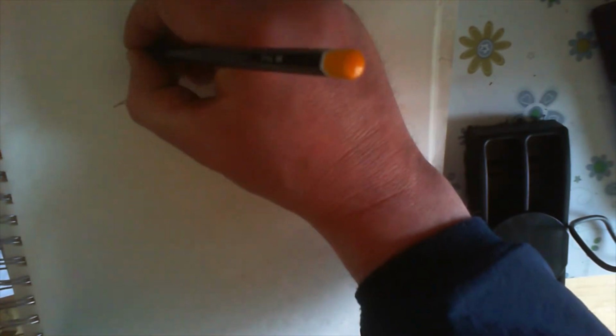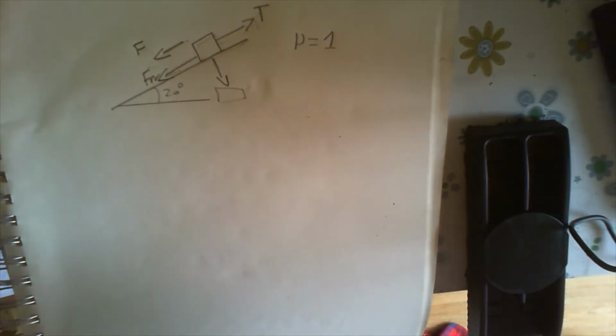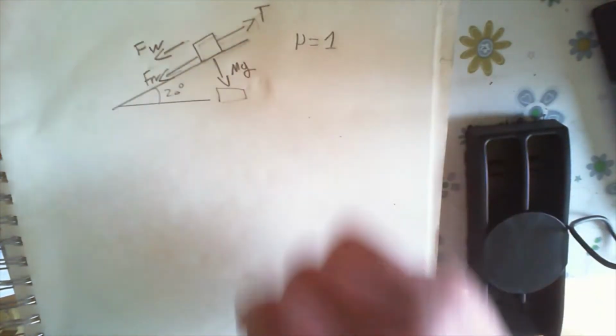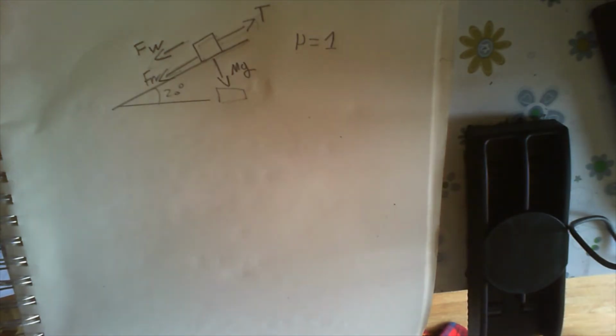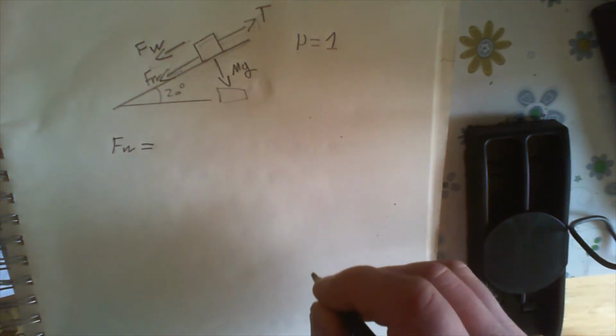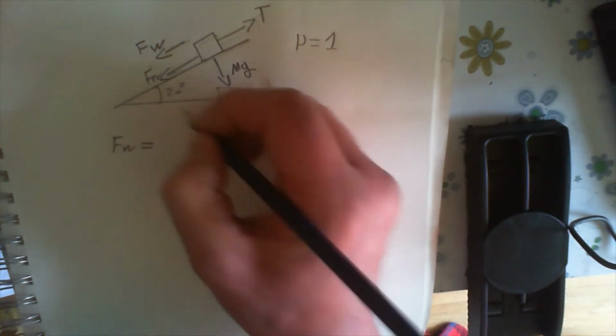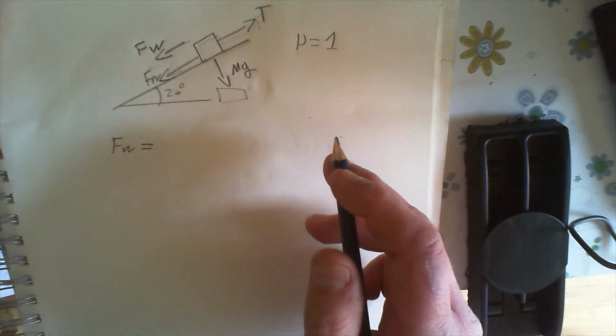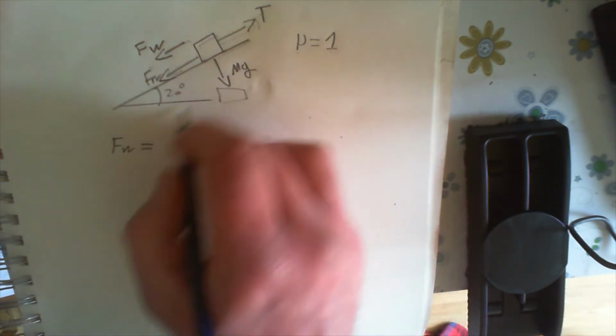So we'll just call that the force of its weight, F W, and this is G. Right, so this force here, F W, is going to be, and remember we have to take components again because this is on an incline.